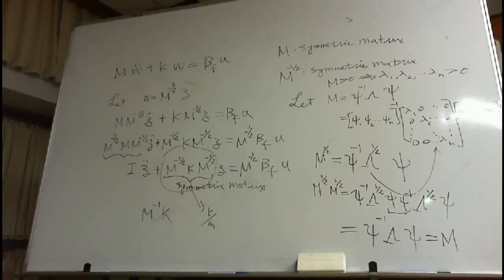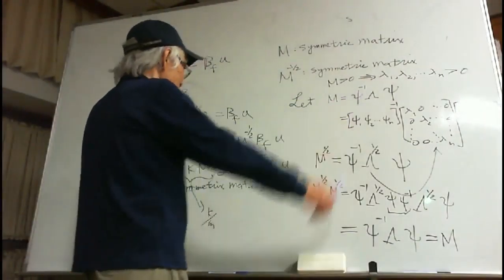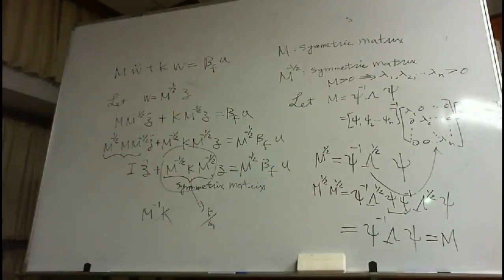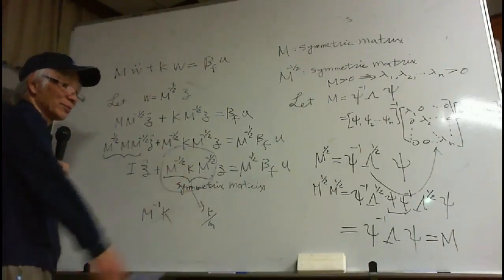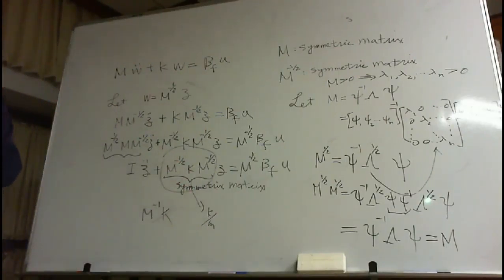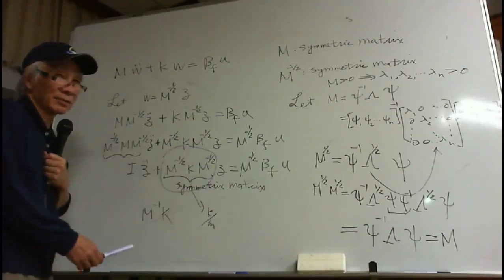All right, I hope you understand this, and it is very pretty. In the early days I really used this matrix too. It's a nice matrix to work with because it's symmetric.